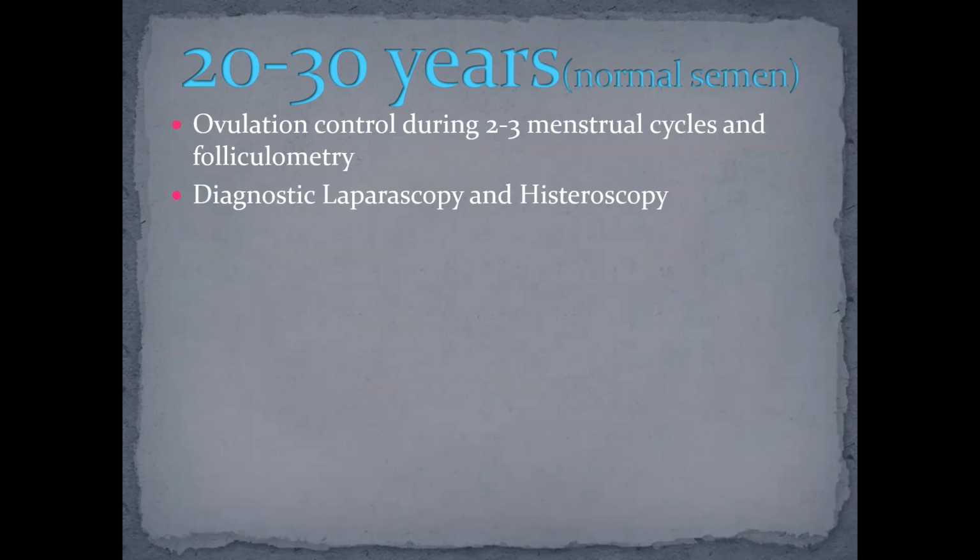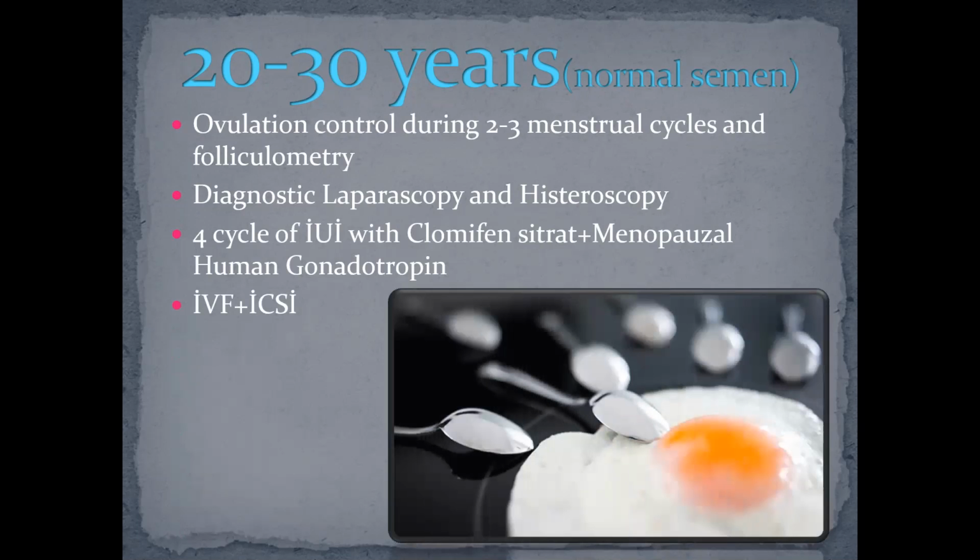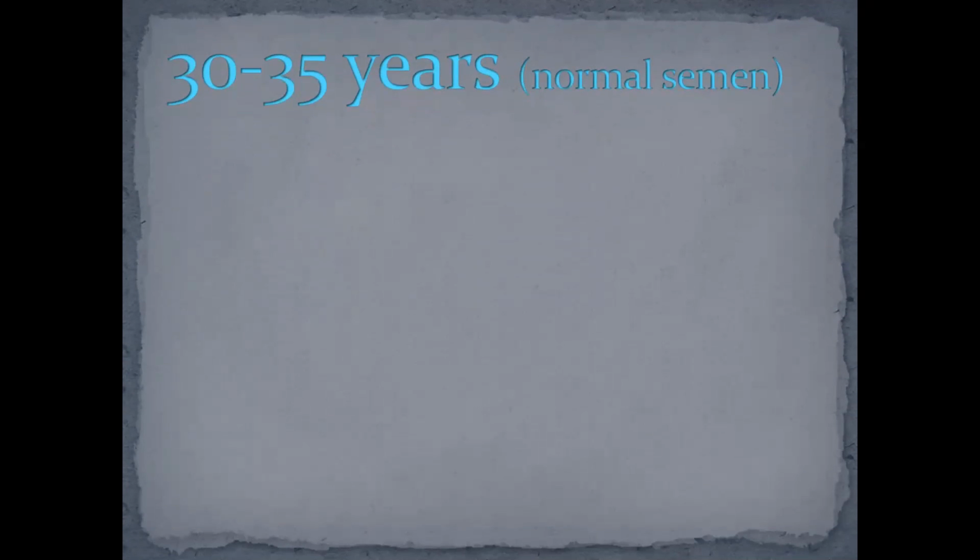Also, we perform diagnostic laparoscopy and hysteroscopy, then cycles of intrauterine insemination and clomiphene plus human menopausal gonadotropin stimulation of ovulation. And the last stage is IVF plus ICSI, depending on the exact situation.